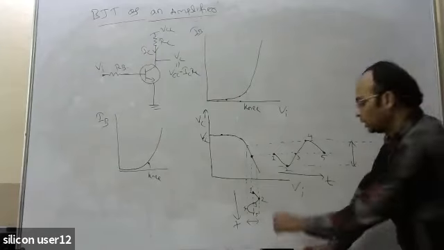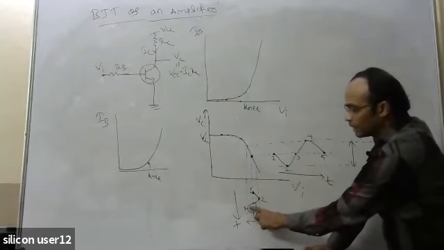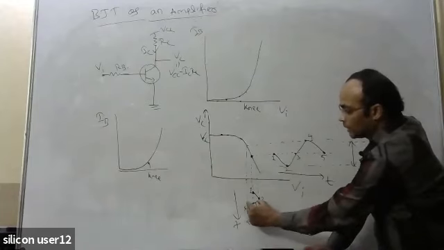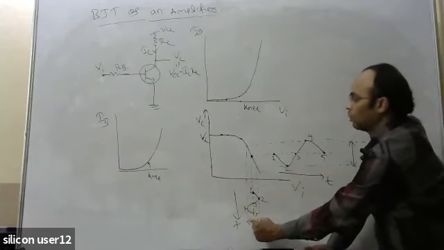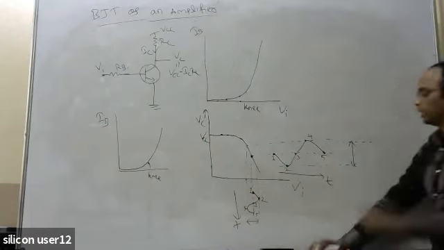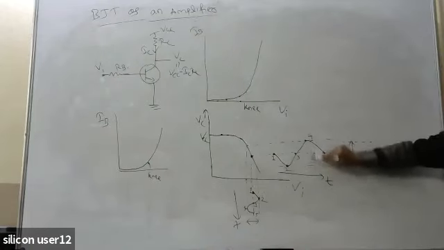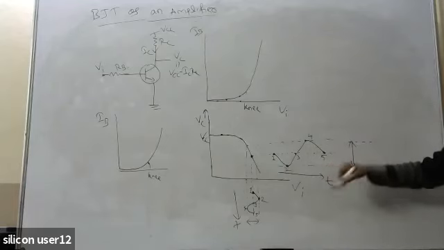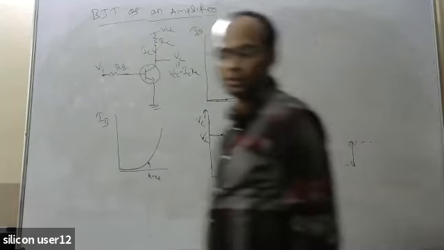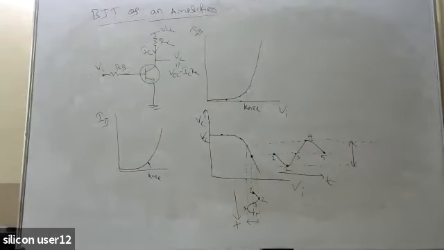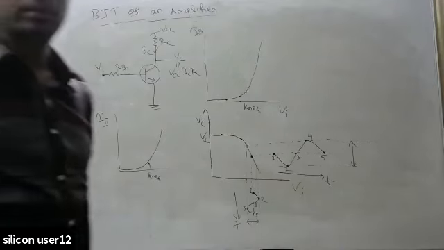Amplitude means the difference between your positive peak and the negative peak. Here the difference between the positive peak and the negative peak is very small. But after amplification, the difference between the positive peak and the negative peak is a very high quantity. That means your signal is amplified. So this is the way in which the BJT is used as an amplifier.